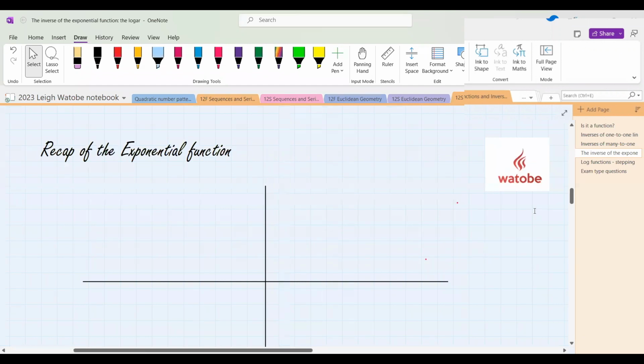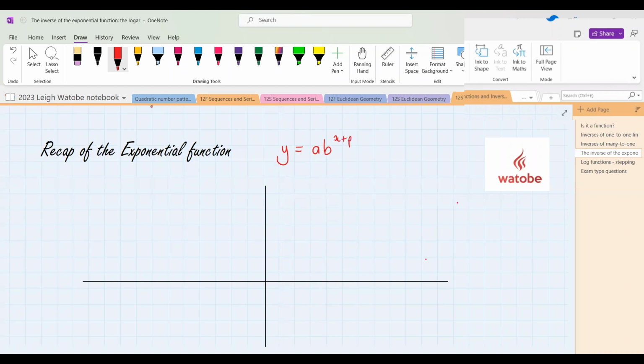All right, so in grade 11, we learned about the exponential function, and we learned that it takes the form y equals ab to the x. It could be even plus p plus q, all right?